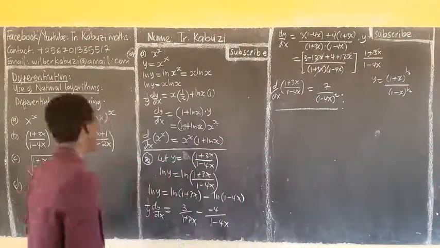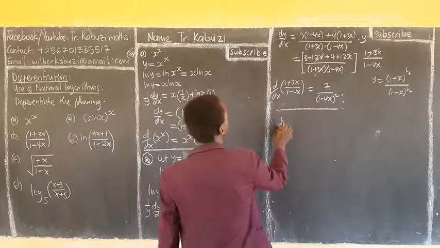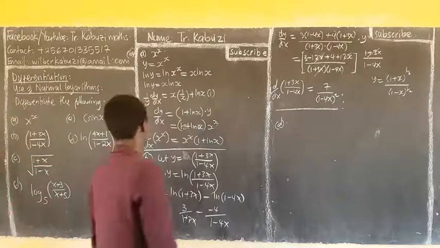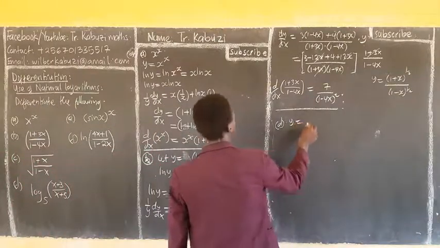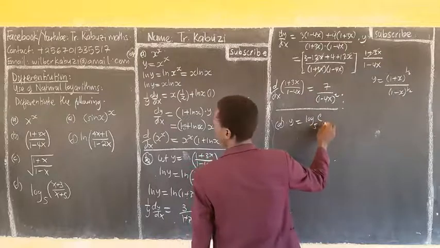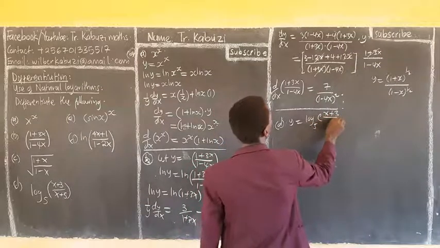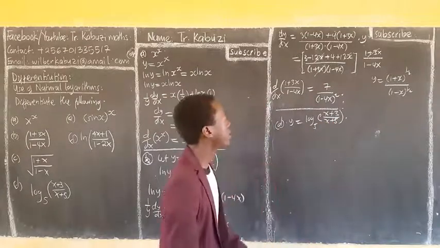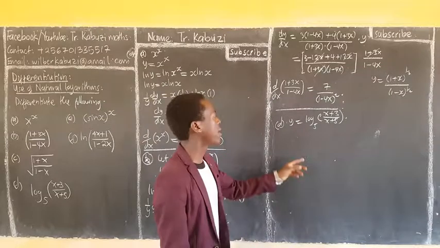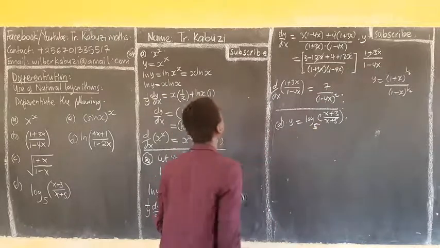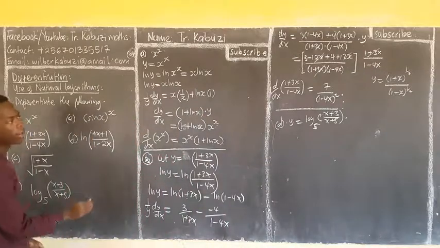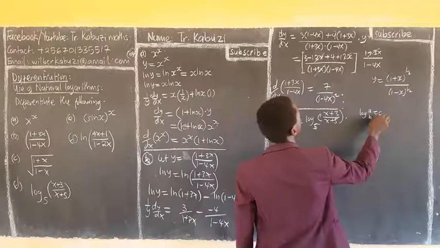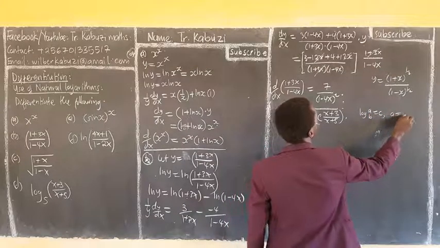When you come now to part B, there are many ways you can handle part B. You can still let y be log base 5 of 2x plus 3 over x plus 5. Now, there are two ways. You can choose to take 5 when you apply that property of logarithm, which says that log base a of b equals c is the same as a equals b power c.